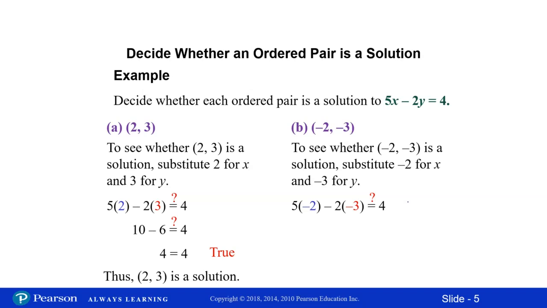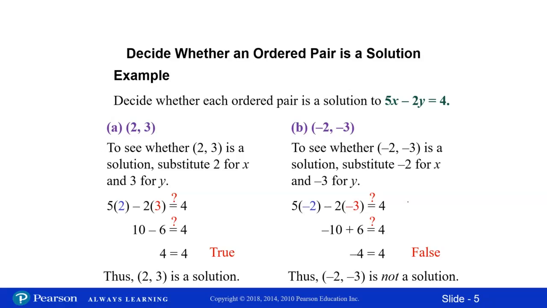Will that equal 4? We'll see. That's giving me -10 plus 6. -10 plus 6 equals -4. And that is not true. -4 doesn't equal 4. And therefore, -2, -3 is not a solution. This ordered pair will not work for this equation.